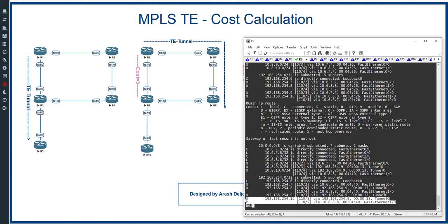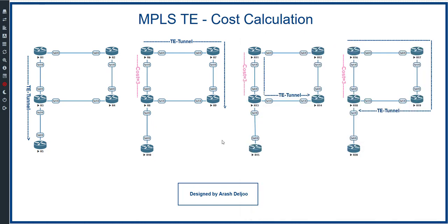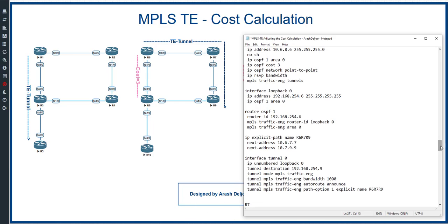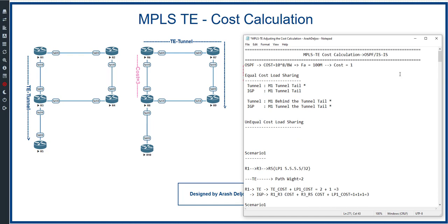As you can see, we are using load balancing between the tunnel and IGP, and it means that we can use load balancing between the T tunnel and IGP path when the destination is behind the tunnel tail. Okay, until now we learned about these two rules.